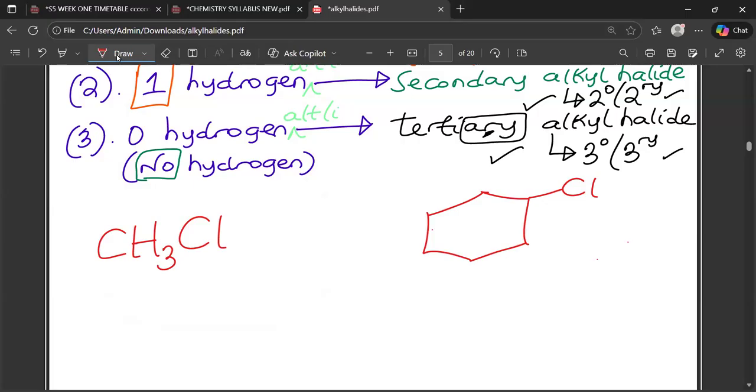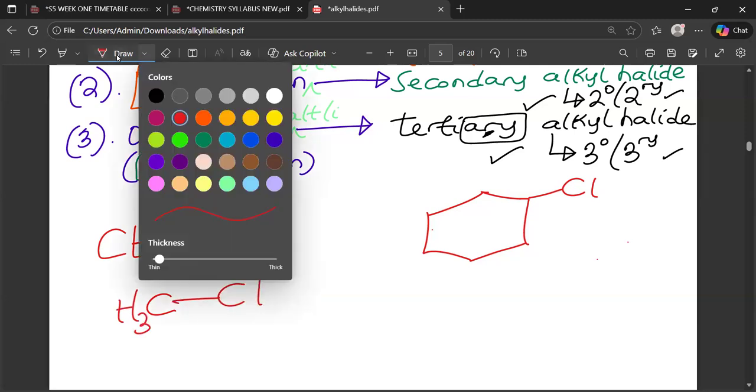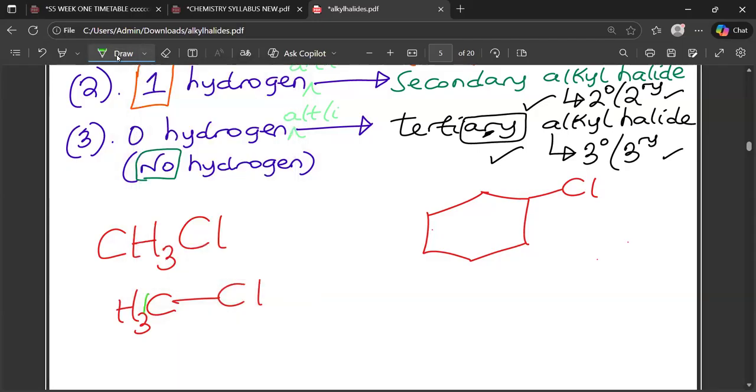But realize when we look at this one, it is CH3 with the Cl. This is the very carbon that has the Cl, and it has no carbon attached. So it's like you're meaning that it's neither primary, secondary, nor tertiary. You know that you people are getting me.